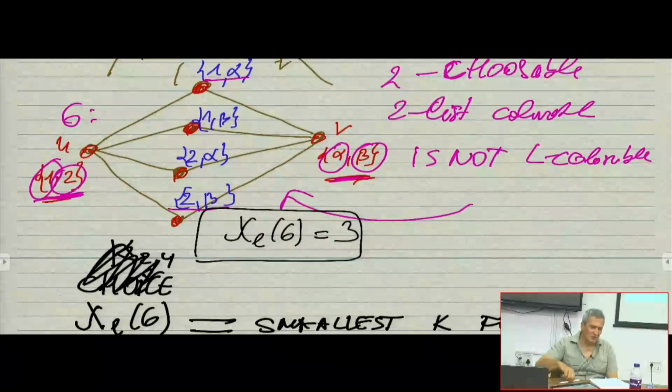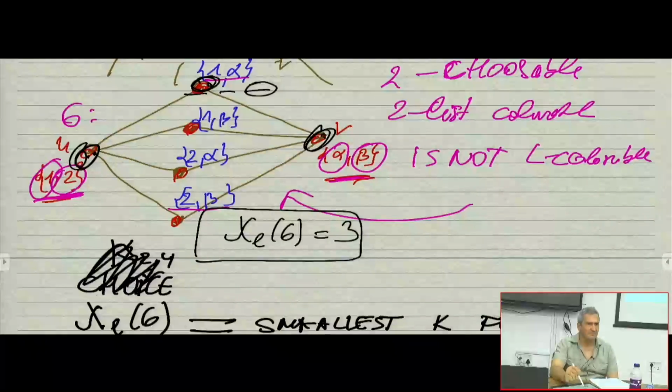Whatever we choose here and whatever we choose here, we will always have 3 colors to color this vertex differently from these. So this is actually a very easy remark. But this graph is 2 colorable, yes?